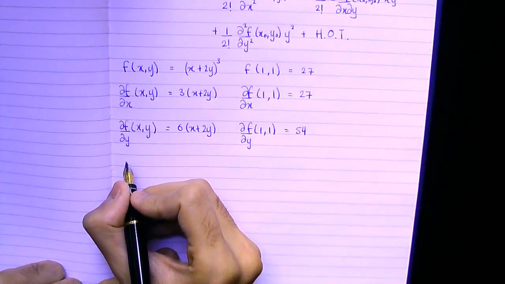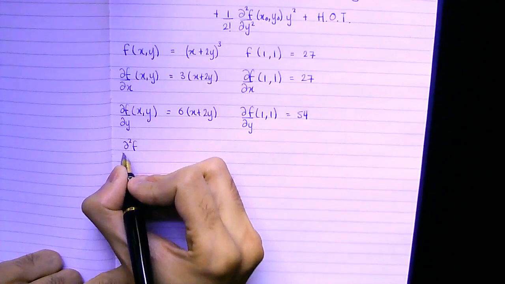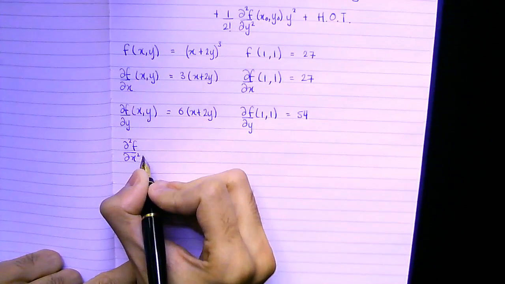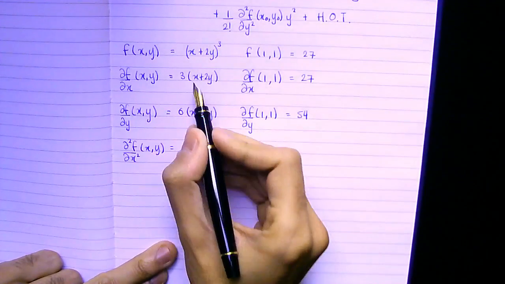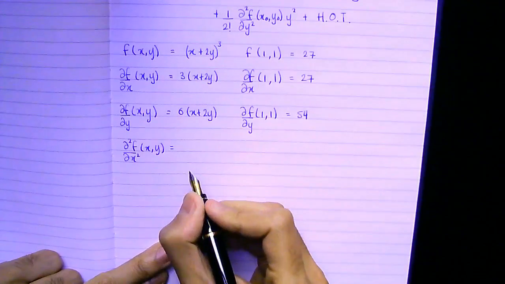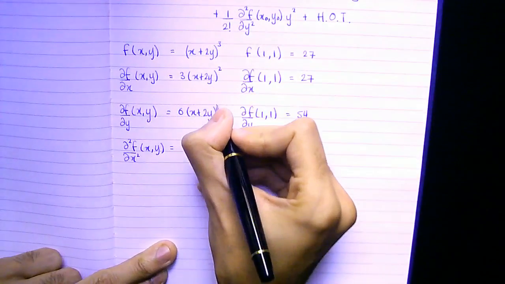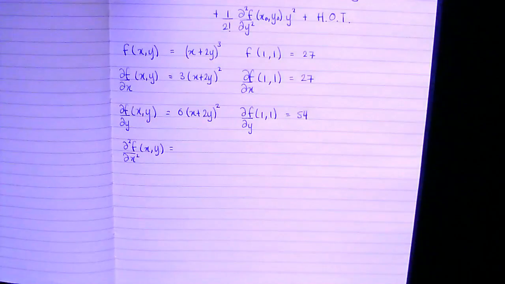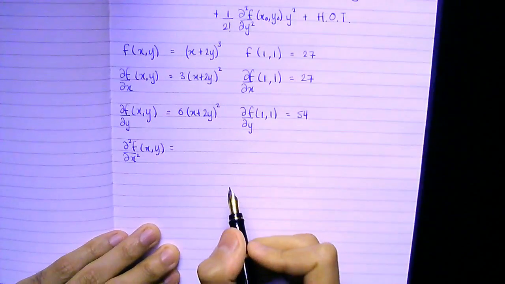And now I can move on to the second derivatives. So I'll have d2f by dx squared. So I'm differentiating this expression with respect to x. Oh, sorry, this should have been a squared here. I missed that out. Okay, so I'm differentiating this expression with respect to x.